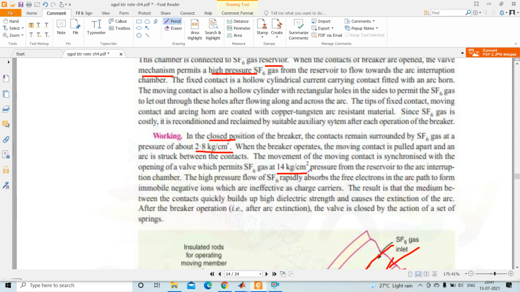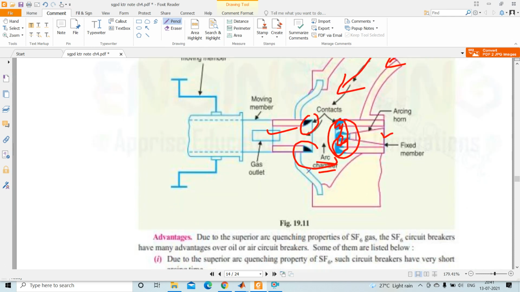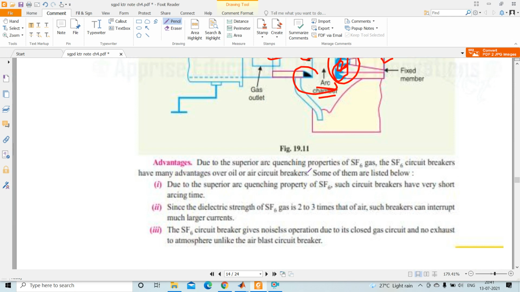So the medium between the contacts builds up high dielectric strength and causes the extinction of the arc. After each arc extinction, the valve is closed by the action of a set of springs. So this is the operation of the SF6 circuit breaker.